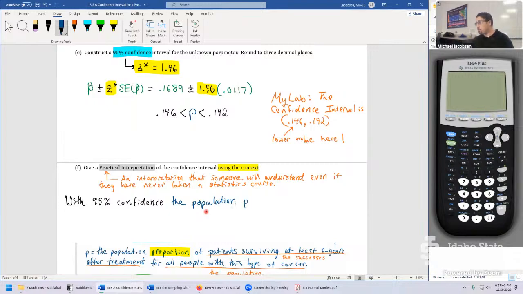The population proportion of patients surviving at least 5 years for all patients with this form of cancer.